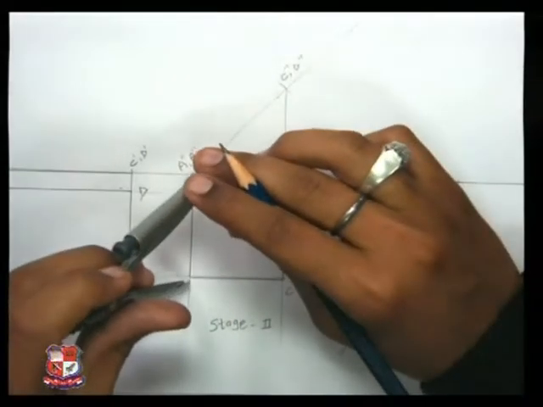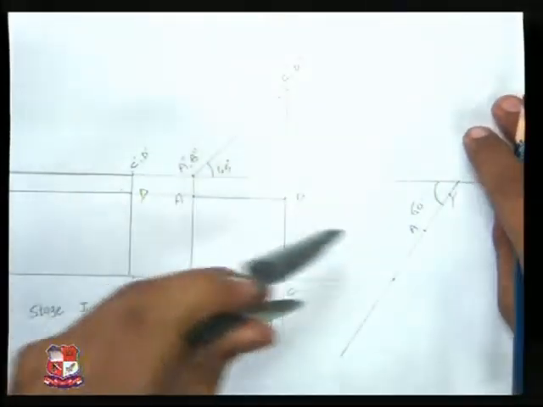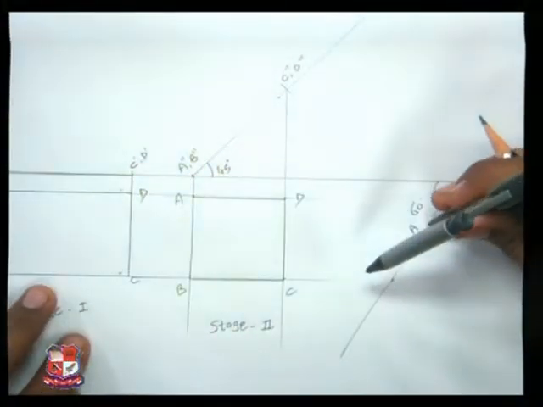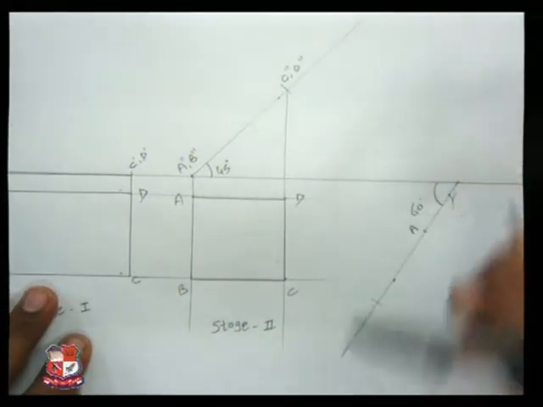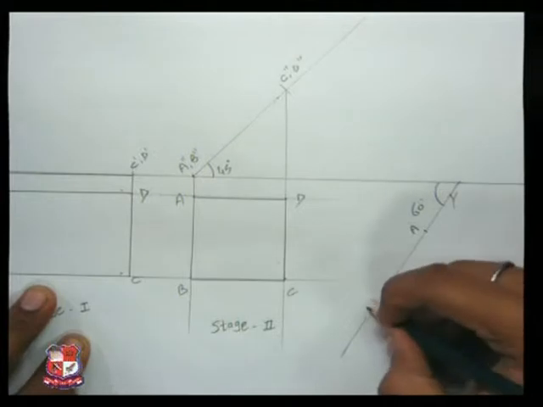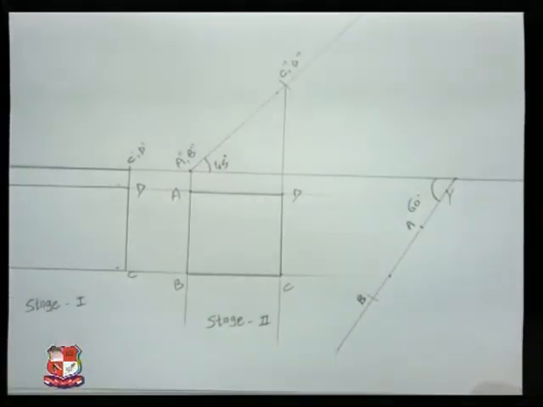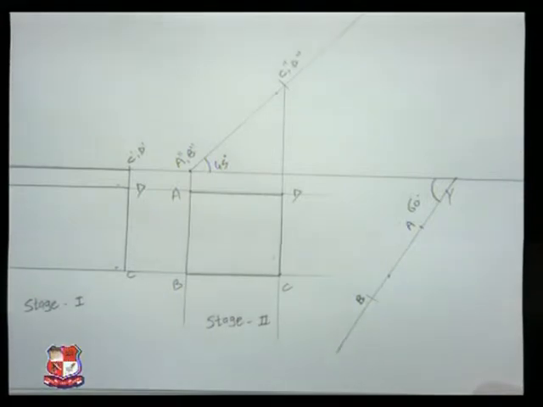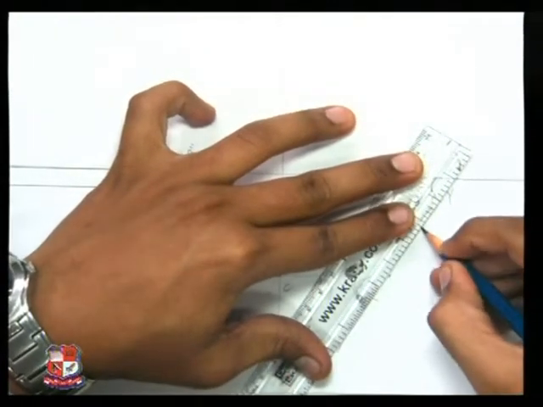I know the distance between A and B, so what I can do is take AB as radius, over here A as center, mark a point. I have got AB on this 60-degree line.